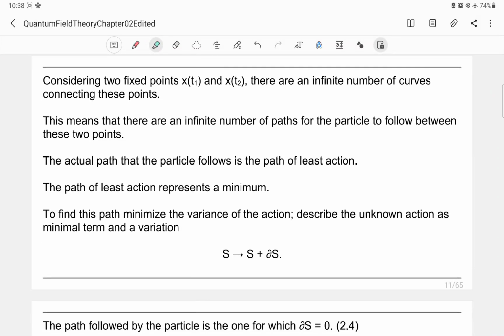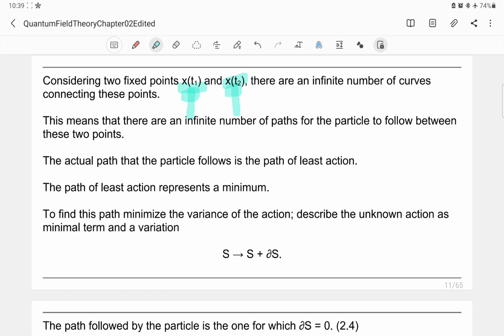So considering two fixed points, x(t1) and x(t2), this is the position at the initial time and at a later time, t2. There are an infinite number of curves connecting these points. This means that there are infinite paths for the particle to follow between these two points.